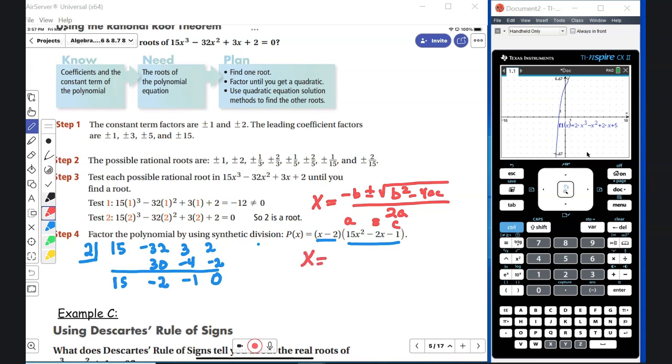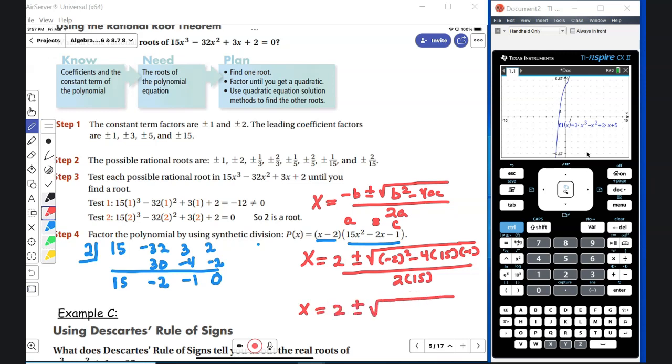So we have x equals 2, since b is negative 2, plus or minus square root of negative 2 squared minus 4 times 15 times negative 1, divided by 2 times a, so it's 2 times 15. So I'm going to go ahead and evaluate. 2 times 15 is 30.